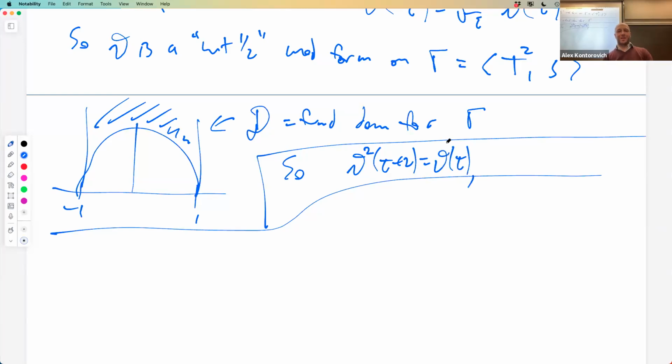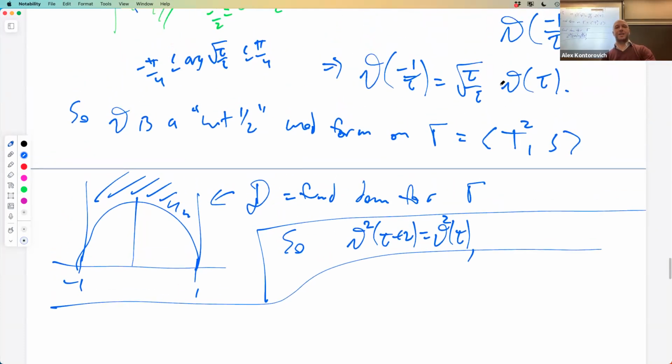So if I square this equation, I get the same thing. What about if I square both sides of this equation? Theta squared of -1 over tau is equal to, I square both sides of this, tau over I times theta squared of tau. Okay, let me record that pair of operations.